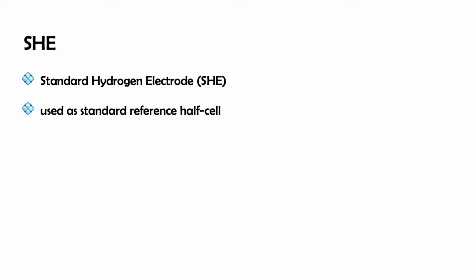So what is SHE? SHE, also known as the standard hydrogen electrode, is always used as a standard reference half cell. Why? Because the SRP or the E naught reduction for SHE is always defined as 0.00 volt.